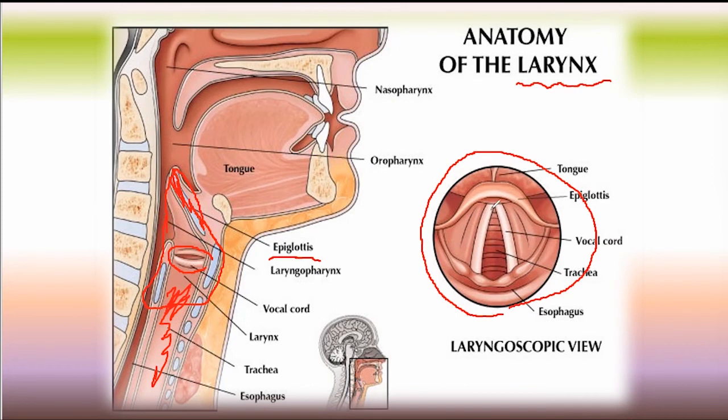So we have two vocal cords here. This kind of movement can make the voice, like the air passing through and then making the voice. So basically the air coming from the lung goes out, then makes the voice there.